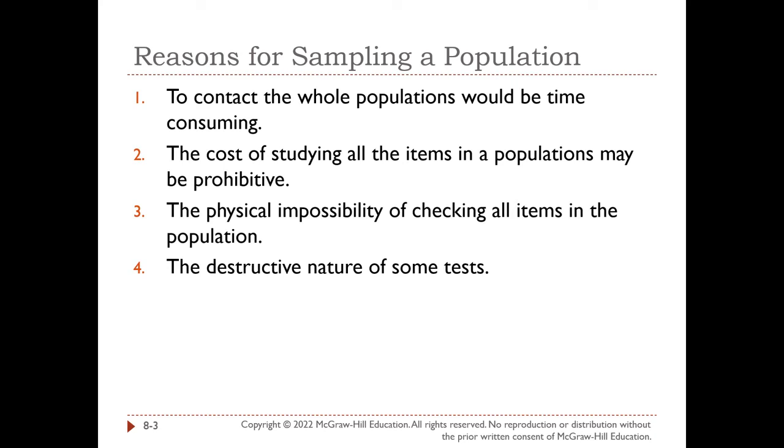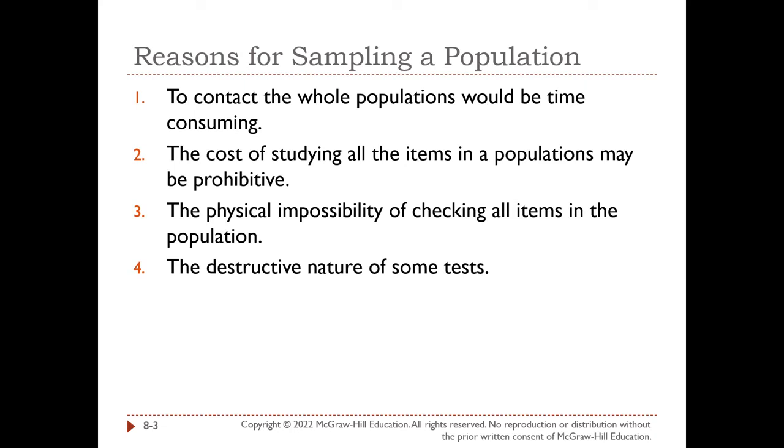The cost of studying all the items in populations may be prohibitive. That's a good accounting thing. Cost benefit. It would really be beneficial to reduce the cost of doing these studies if I can just do a small sample that gives me, again, an overall estimate of what's going on. The physical impossibility of checking all items in the population.